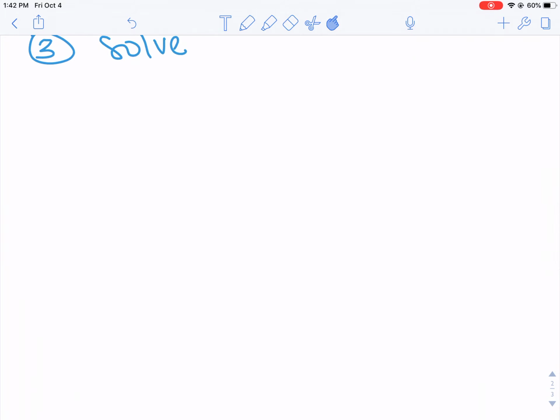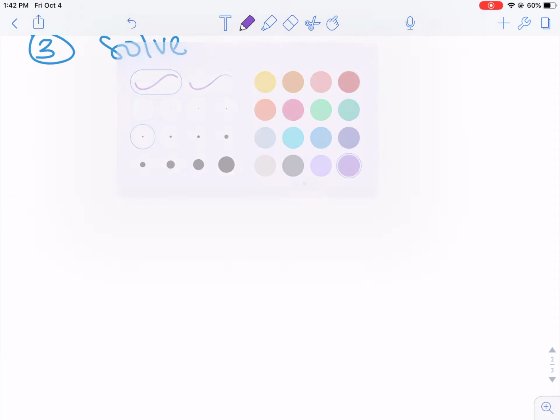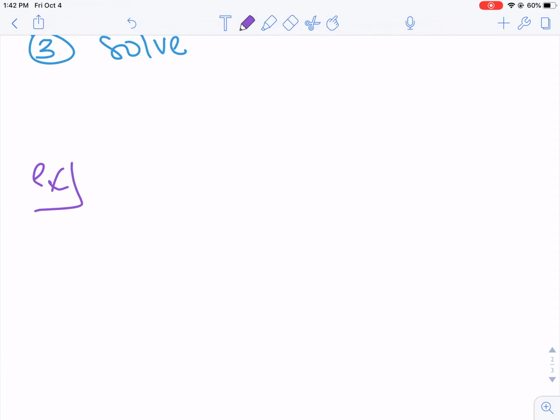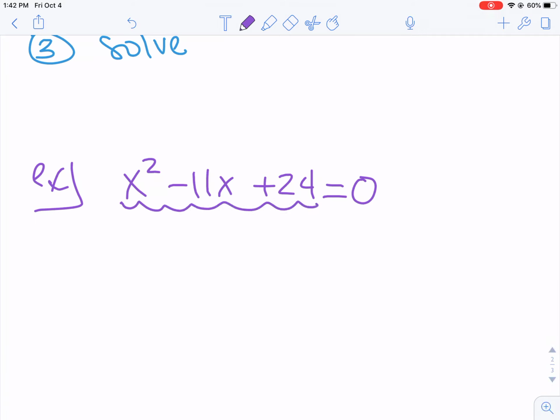So first we're going to look at x squared minus 11x plus 24 equals 0. Okay? So in order to factor this, since it's a trinomial and it does not have an a value, you are factoring using goal numbers.